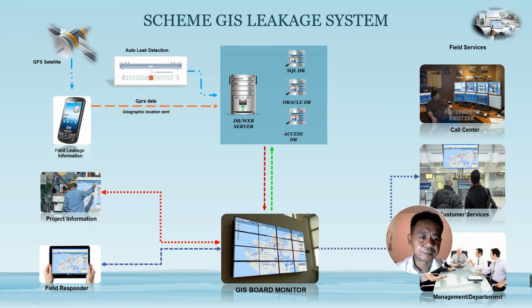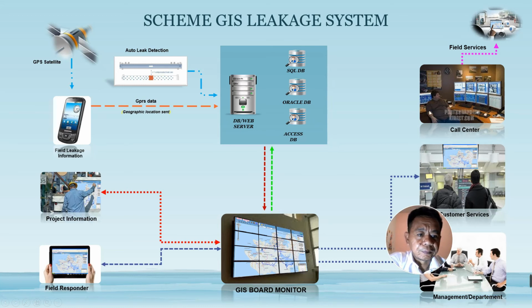And then customer service, we can also serve the dashboard monitoring. So the customer will know where the location of the leakage is, and where the location of the project information, repairing work or maintenance work is. Management and departments can also see the board monitor information.